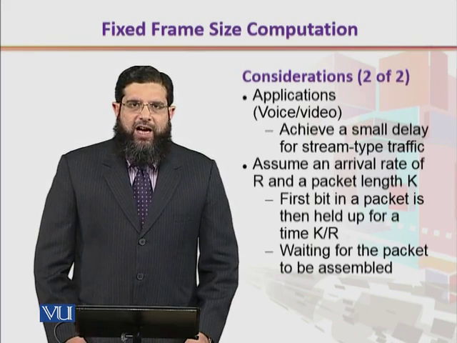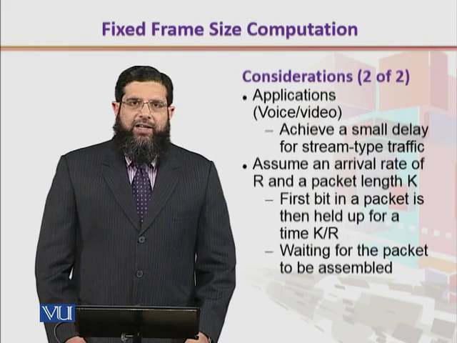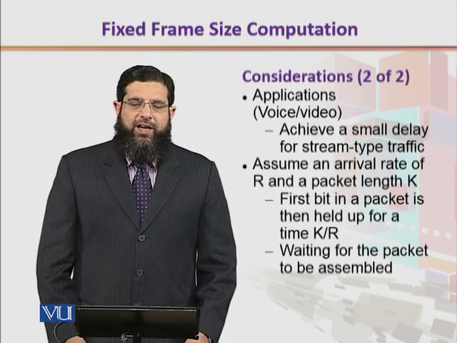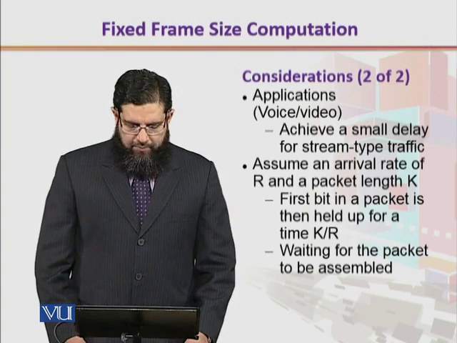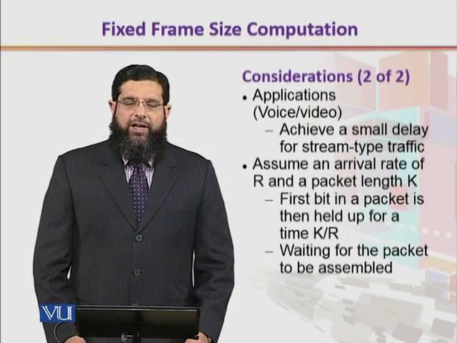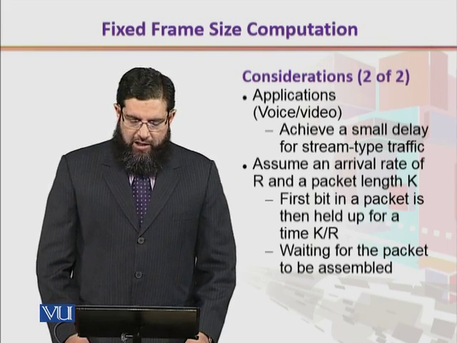Because till the time the K sized frame or packet is created, the arrival would be allotted to that particular frame. So the first bit and subsequent bits would have to wait for that much time if the frame length is long. This is an important consideration because for interactive and real-time traffic, maybe such framing time is unaffordable.